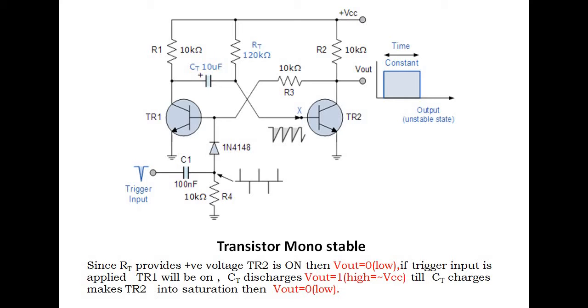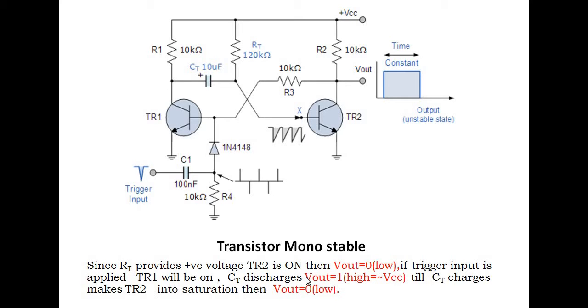Fine. So that's why it is written, since RT provides positive voltage, TR2 is on, then Vout is low initially. Vout is low. If a triggering input is applied, TR1 will be on. If the triggering pulse is applied, TR1 will be on.